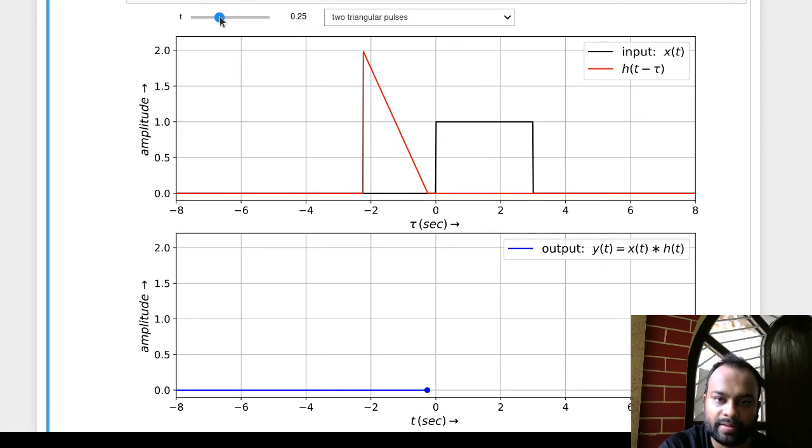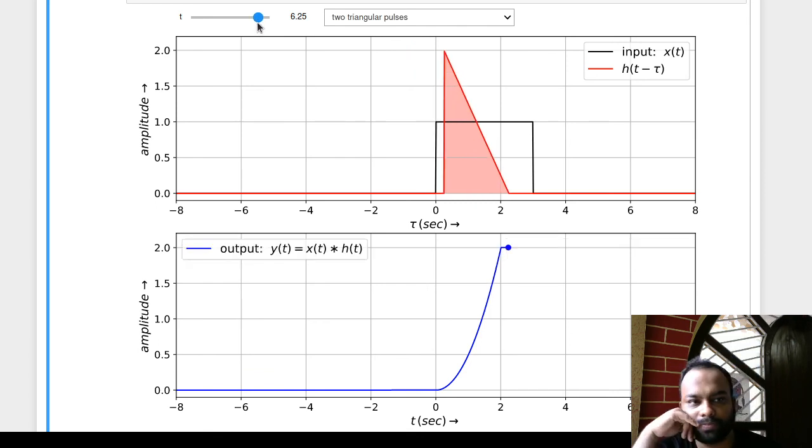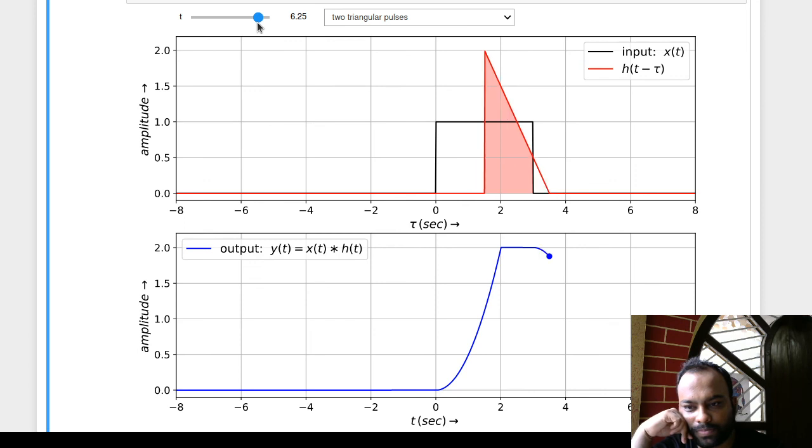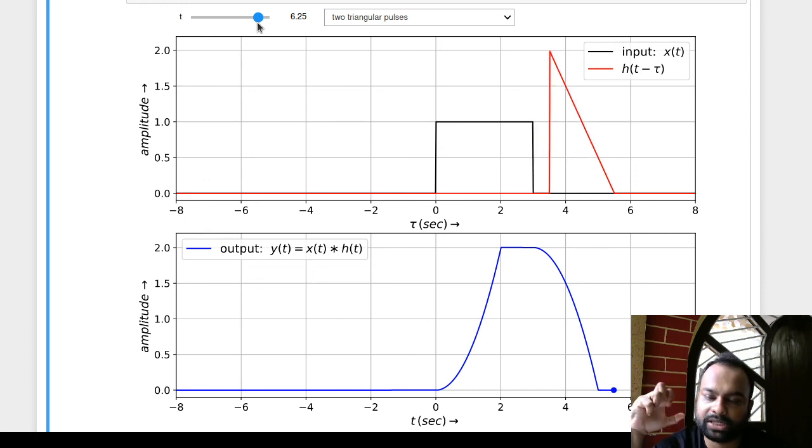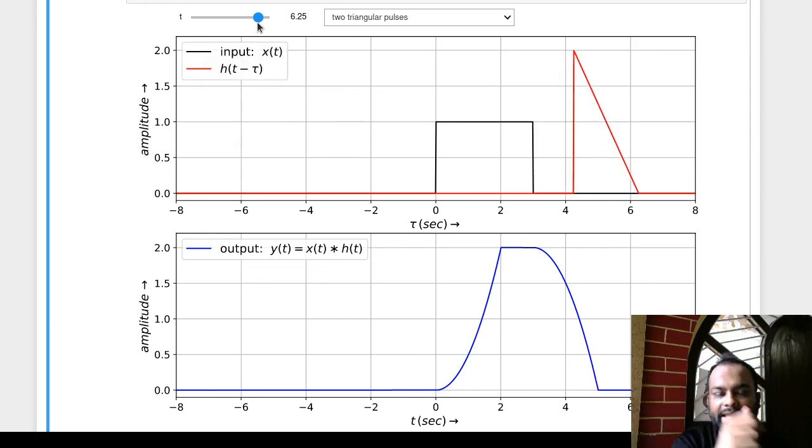Keep that in mind. That is how the convolution is working. Again, under these questions, you have to actually multiply those two signals and integrate, and finding the area might not be as easy as we did today.